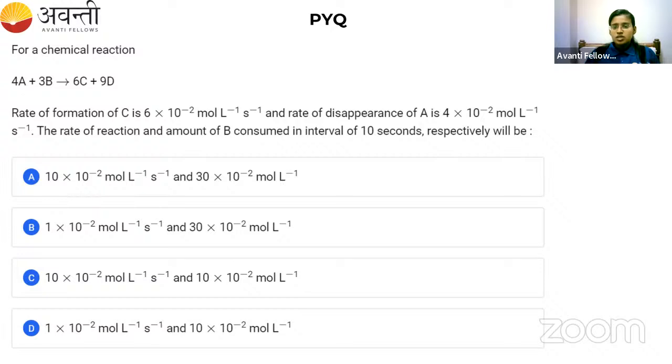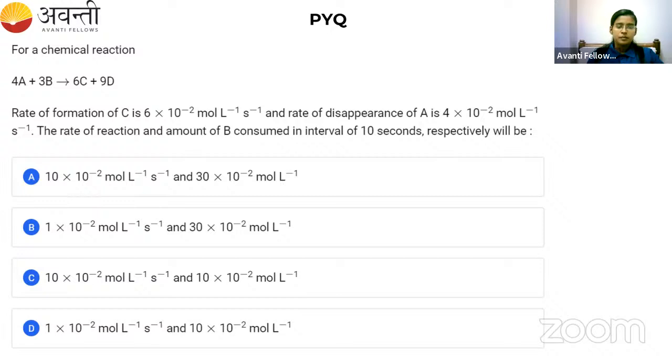For a chemical reaction, rate of formation of C is given and the rate of disappearance of A is given. The rate of reaction and amount of B consumed in interval of 10 seconds respectively will be. What will be the correct answer for this?